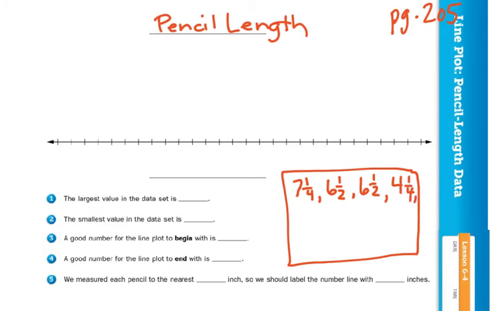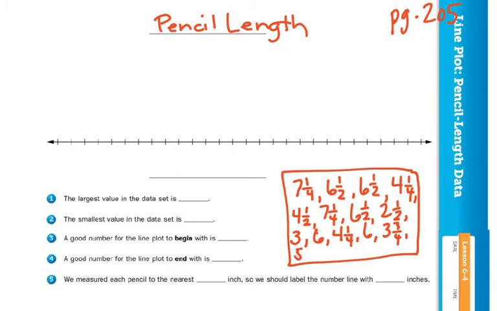That person had a really short pencil. 4.5, another 7 1/4, another 6.5, 2.5, 3, 6 inches, 4 1/4, another 6, 3 3/4, 5 1/4, 6.5, 2 3/4, 5 1/4, and 5.